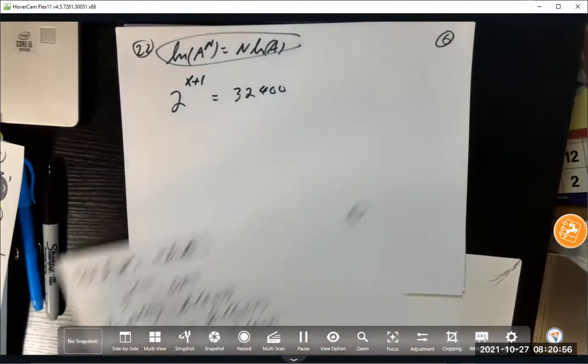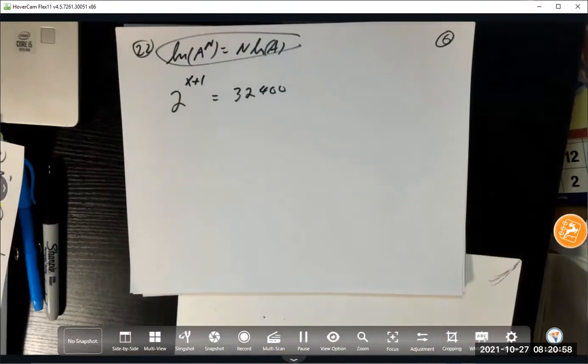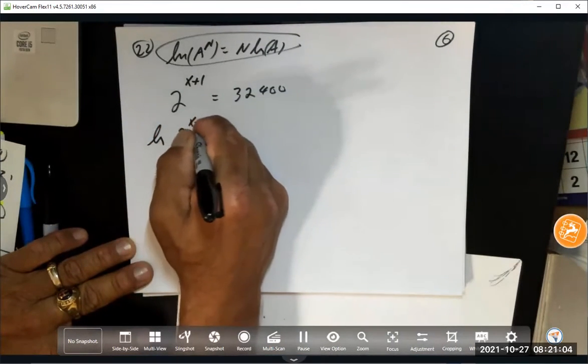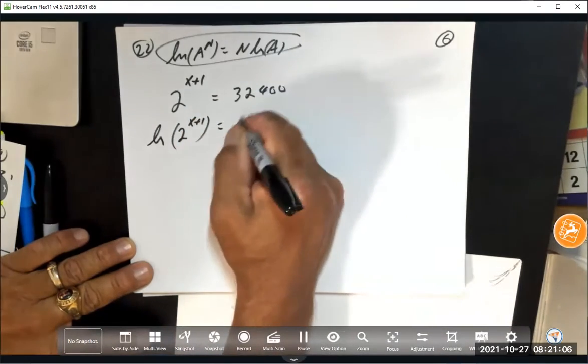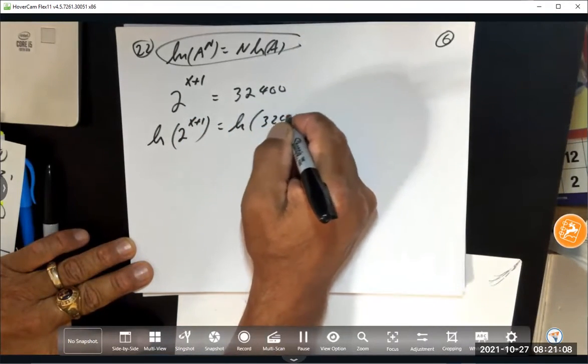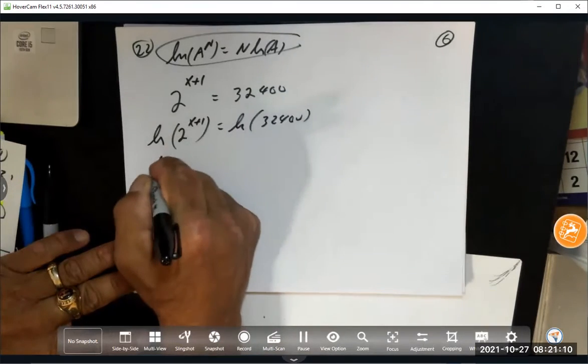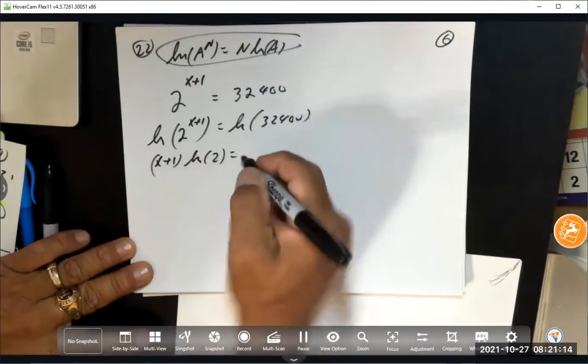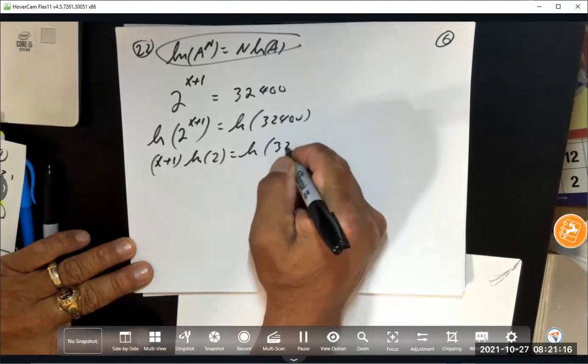Sounds good. So this one, I take the log of both sides again, right? Same business. The log of this side and the log of this side. So this x plus 1 goes in the front right here. Log of 2 is log of 32,400.